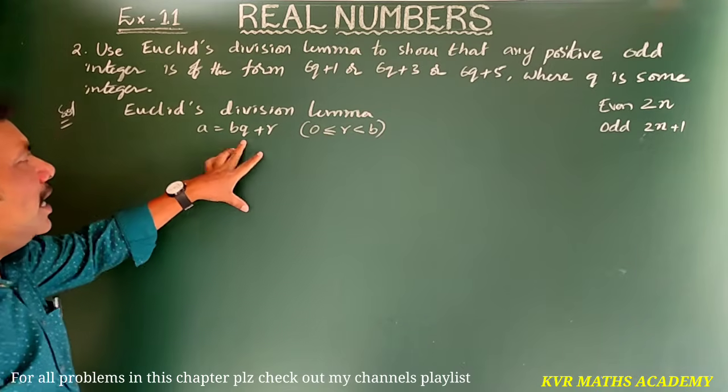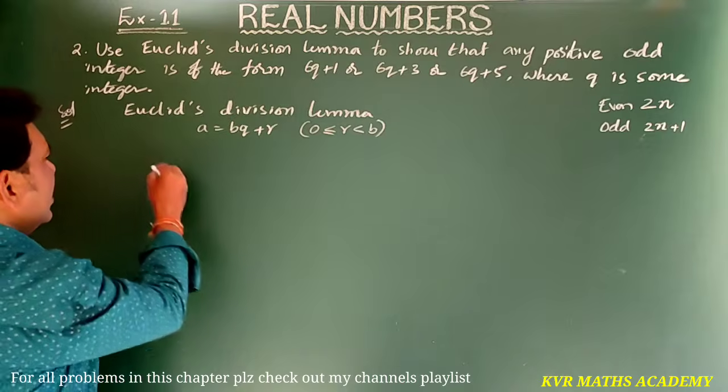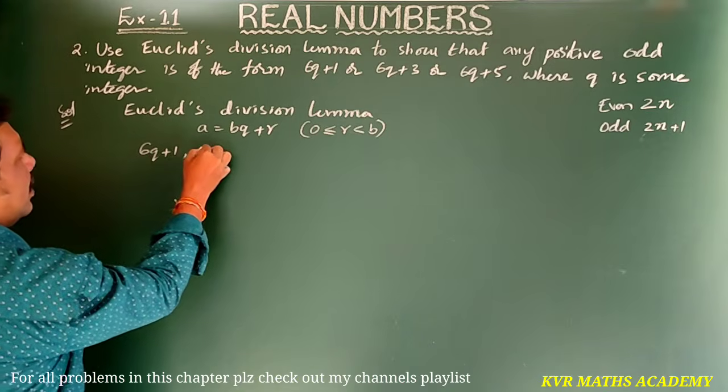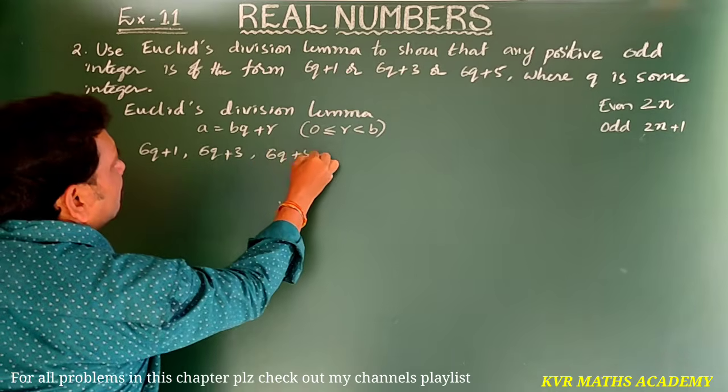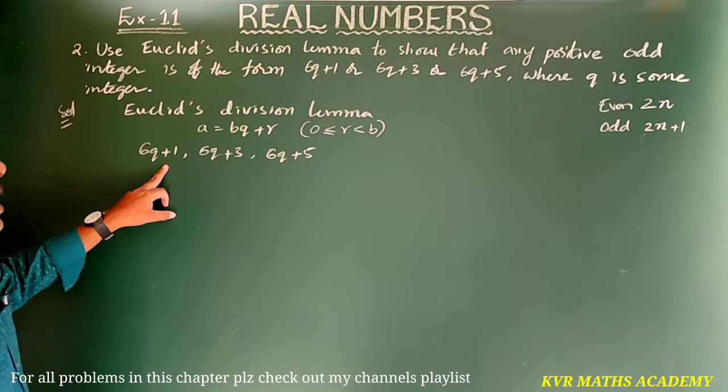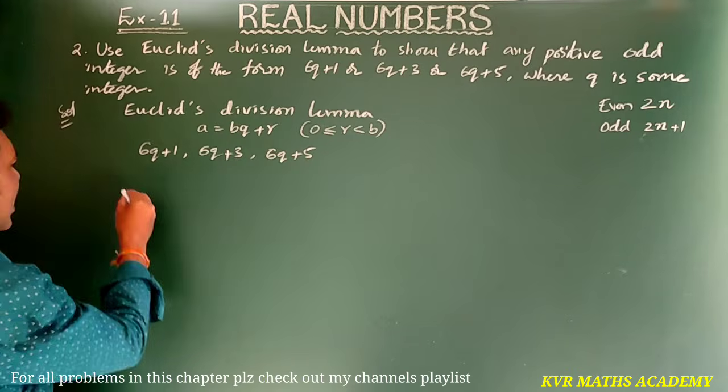Right. So here all the numbers given are 6q plus 1, 6q plus 3 and 6q plus 5, right? So here a is any positive integer.